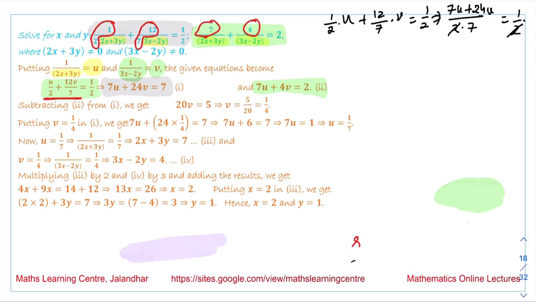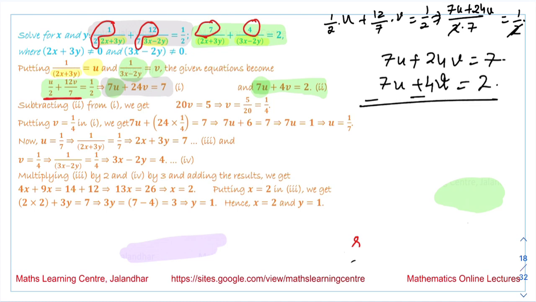So by solving these two equations, it is 7u over here, it is 7u over here, we need not multiply with anything. It is 7u plus 24v is equal to 7. It is 7u plus 4v equal to 2. When we subtract these, we get 20v is equal to 5.